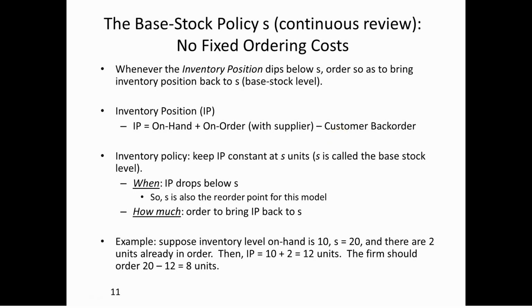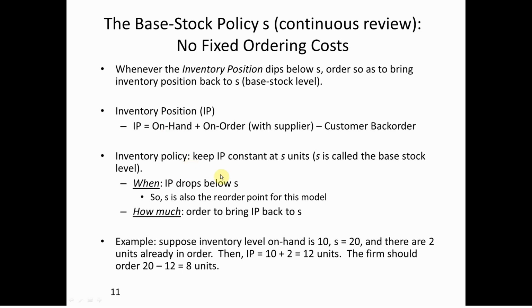So in other words, I wasn't able to satisfy that, but when it comes in, those are already spoken for. So again, it's what I have on hand plus what I have on order, minus what I have on back order, because as soon as those come in, those are going to disappear and they're no longer going to be able to buffer our inventory. So we call that our inventory position.